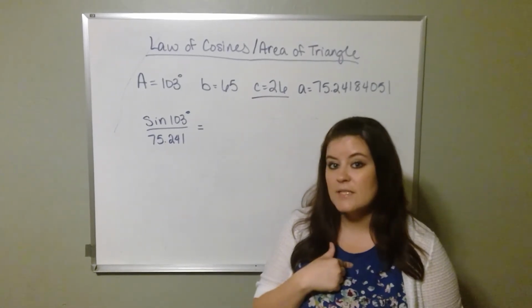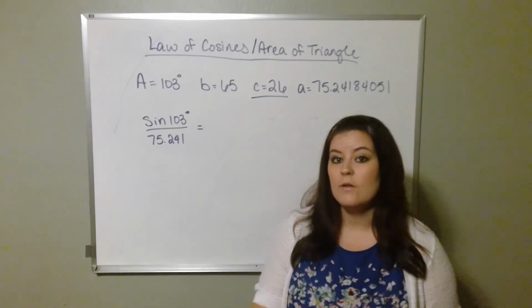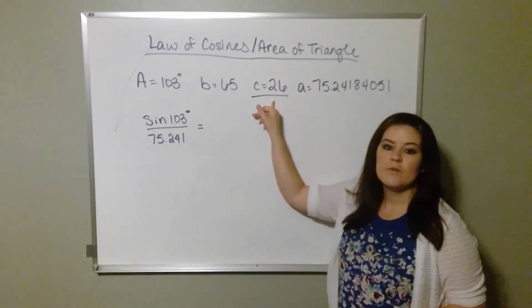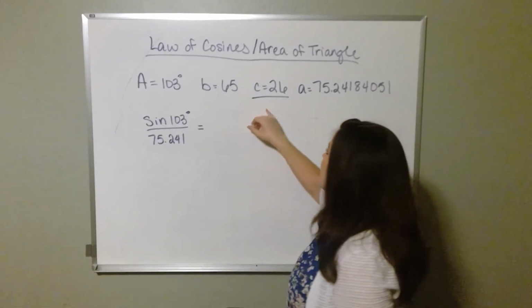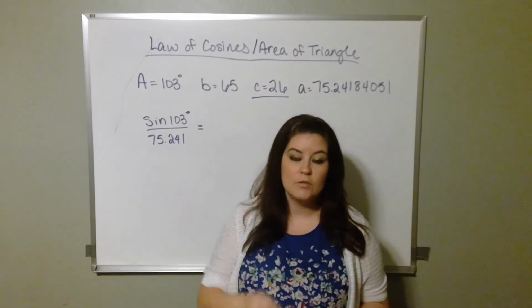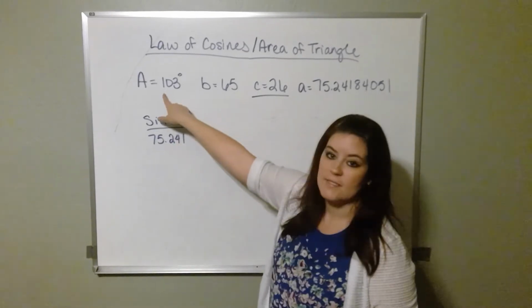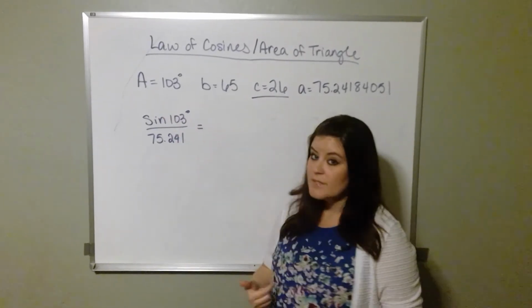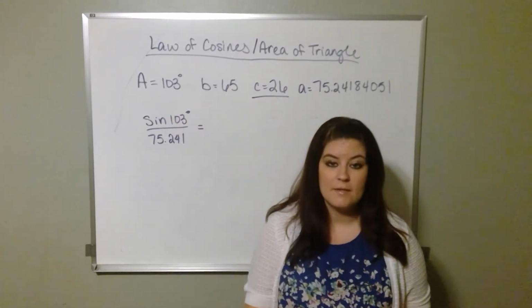I know angle C will be the smallest angle in the triangle because it comes from the smallest side. So if I solve for angle C, I know angle C is acute no matter what. Not just because this is given, but because the smallest angle in a triangle will always be acute.